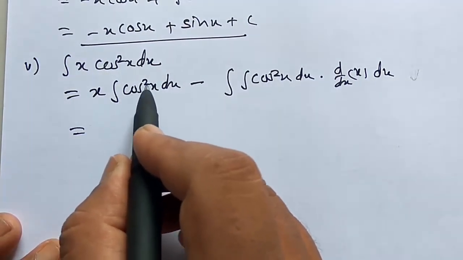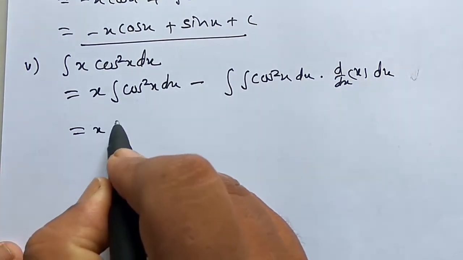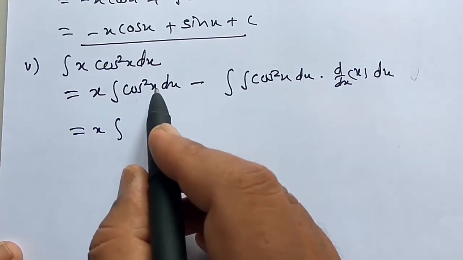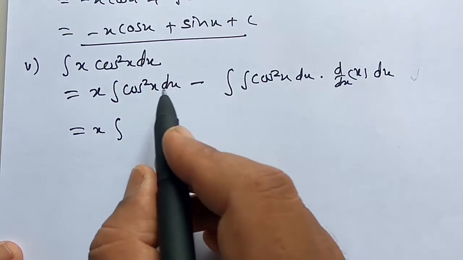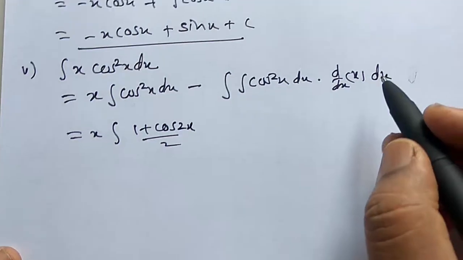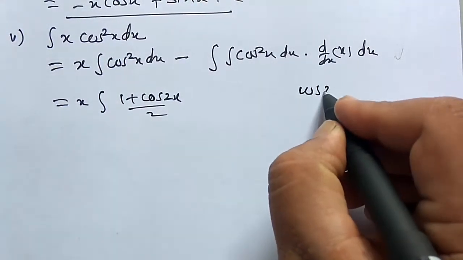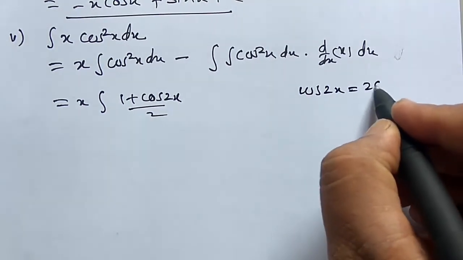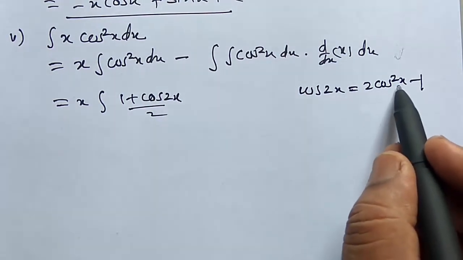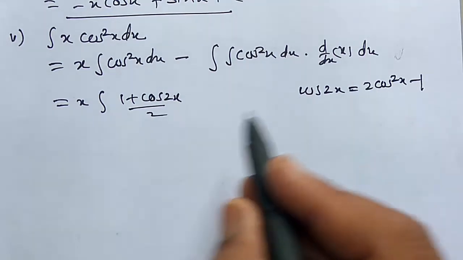Now we convert cos square in terms of a linear function by using the half angle formula. We know that cos of 2x is equal to 2 cos square x minus 1. So, 2 cos square x is equal to 1 plus cos 2x.